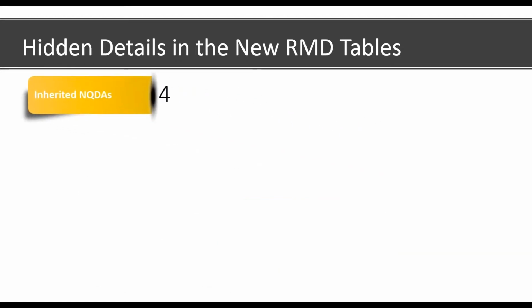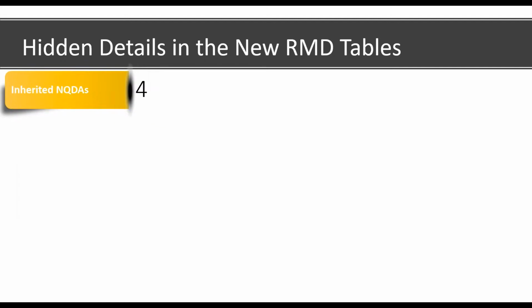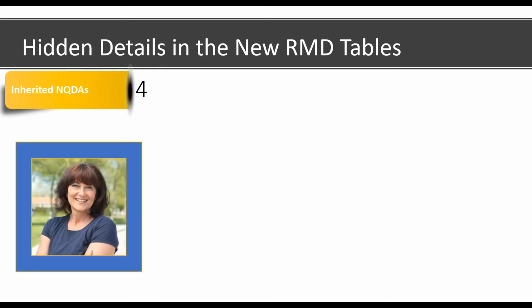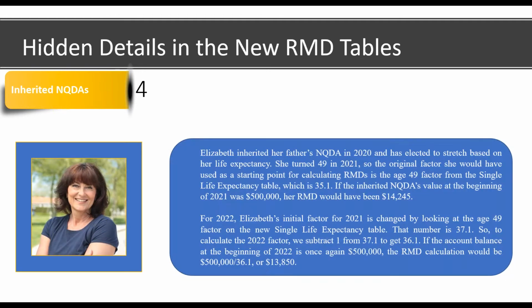So let's talk briefly about inherited non-qualified annuities. Let's talk about the example of Elizabeth, who inherited her father's non-qualified annuity in 2020 and has elected to stretch based on her life expectancy.